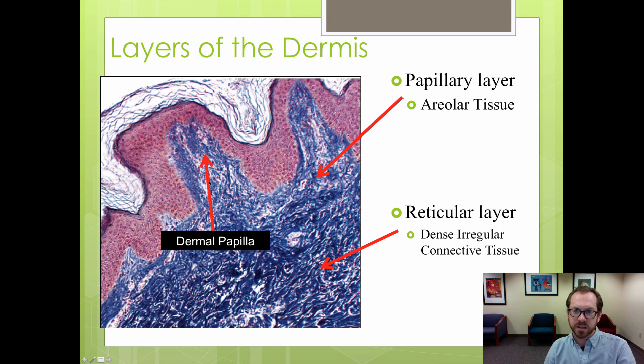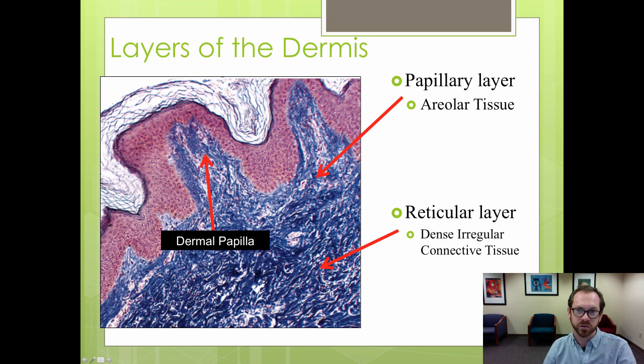Now let's go into more detail about that papillary layer of the dermis. On this image, we're showing the epidermis here, and then this darker color, this is the dermis. And the papillary layer is everything in this region that's indicated by the red arrow.